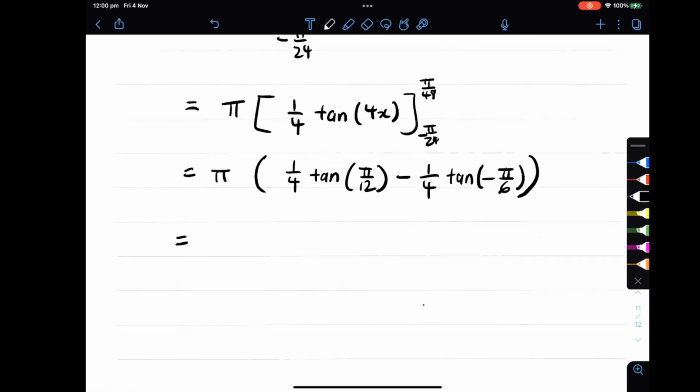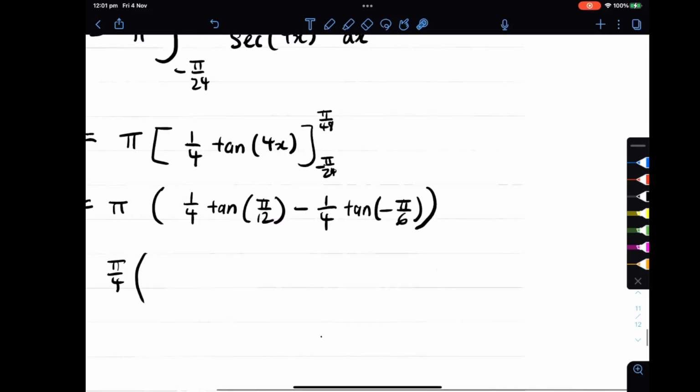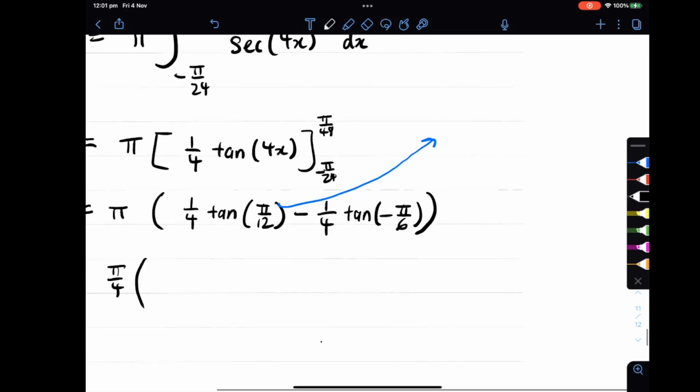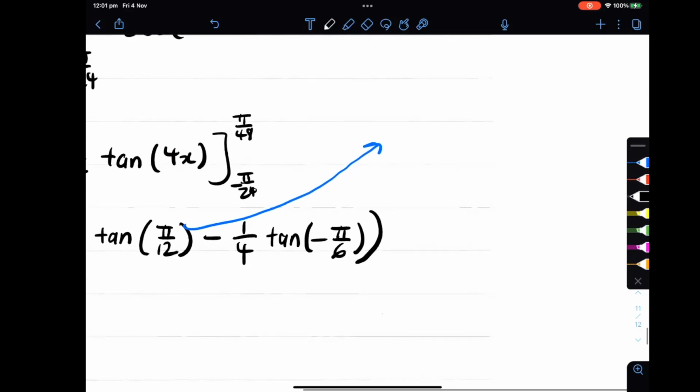Maybe let's take the quarter out as well. The next thing we need to do is find what tan of pi on 12 is, which is a bit annoying, but we can do it. We can do it if we know that tan of pi on 6, which is 2 times pi on 12, is equal to root 3 on 3.